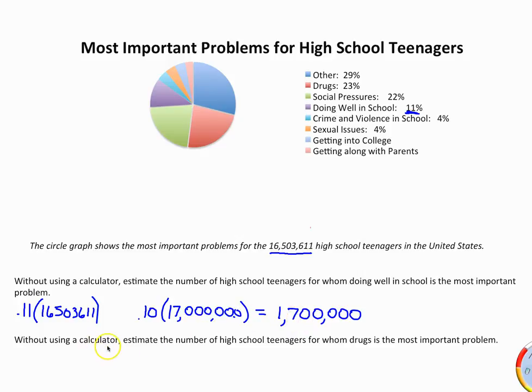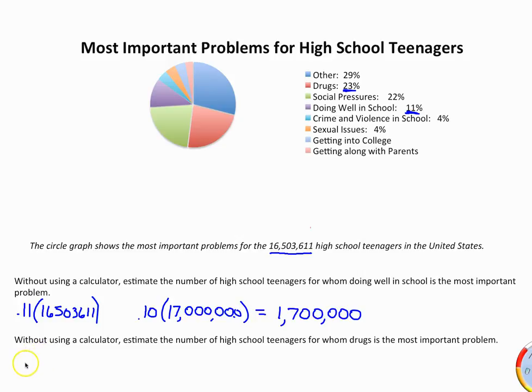The next one asks us, again without using a calculator, estimate the number of high school seniors for whom drugs is the most important problem. So I go up here and I see that drugs is 23%. Well, one thing I could do is I could round that to 20%, and since I've already found 10% to be 1.7 million, well, 20% must be double this.